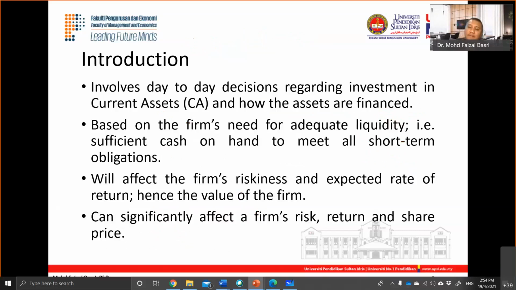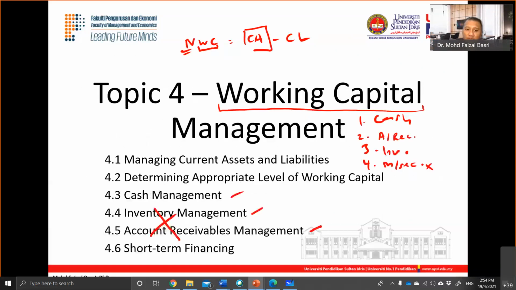And if the companies facing shortages of these current assets, they need to know how to finance these assets, how to borrow money. So that's why at the end, we're going to learn about the financing part. Okay, how to cover the costs. Okay, how to cover this shortage of current assets by having these current liabilities. Because when we have short-term financing, we are talking about current liabilities.